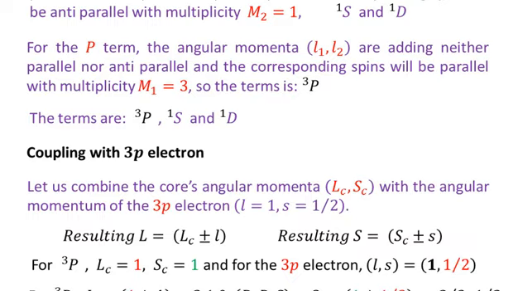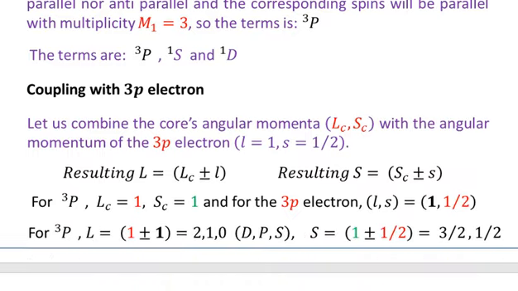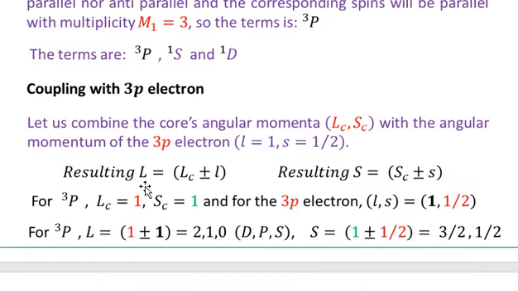The combination is simple and is given by the formula: the resulting quantum number L of the system will be equal to Lc plus minus l, and the resulting spin quantum number of the system will be equal to Sc plus minus s, where Lc will be obtained from 3P, and then from 1S, and then from 1D, because these are the core terms.